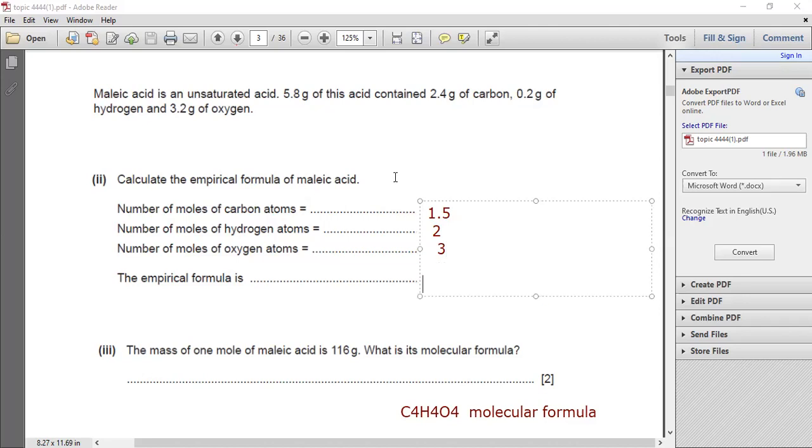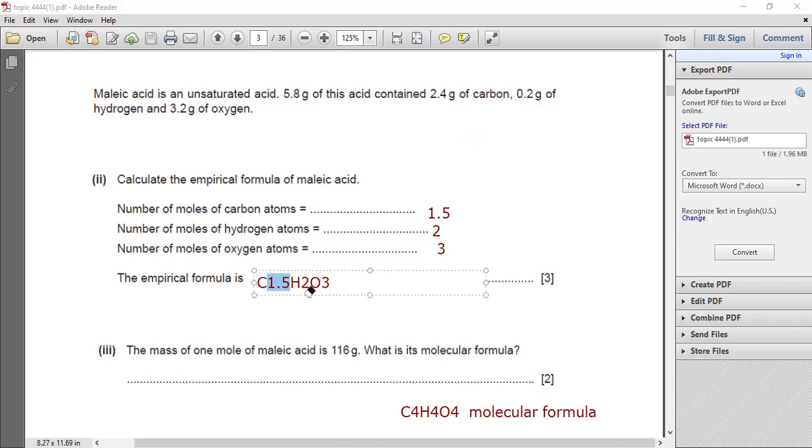What should I do here? Someone will say, divide by the lowest number. Already I did. Is it acceptable to write the empirical formula C1.5H2O3? Is it acceptable in a chemical formula to be 1.5? No. So what should I do?